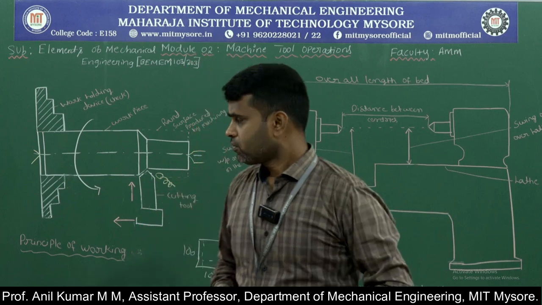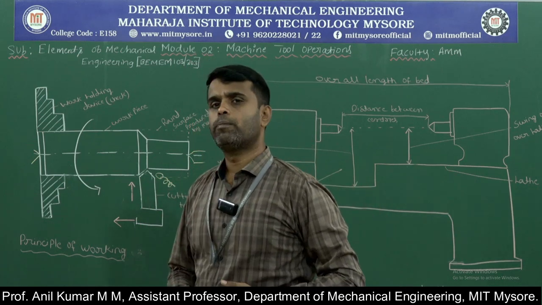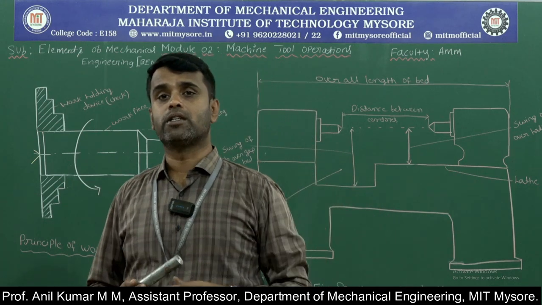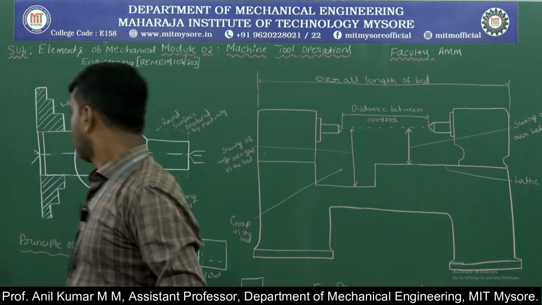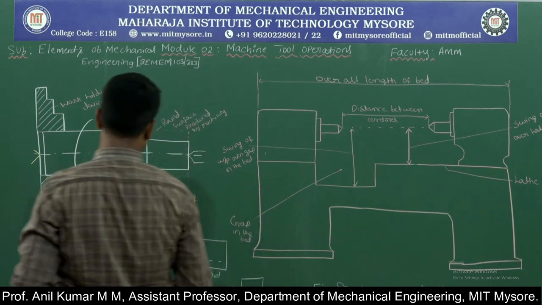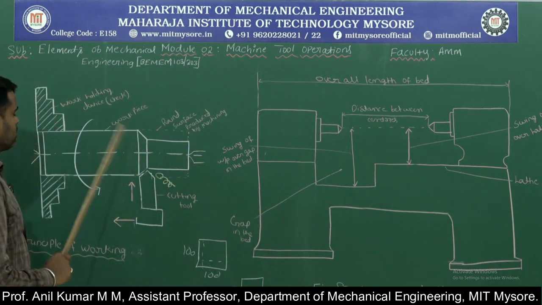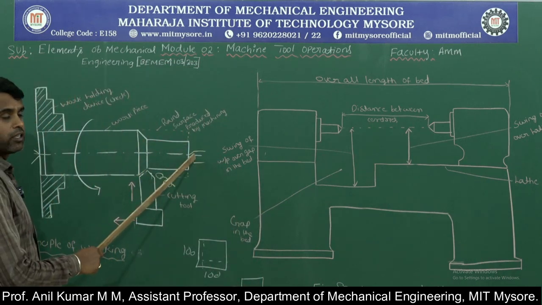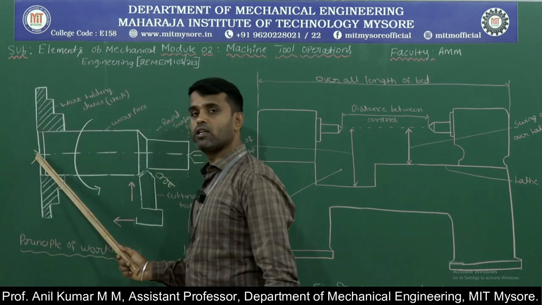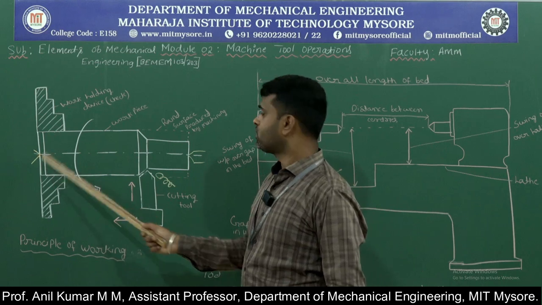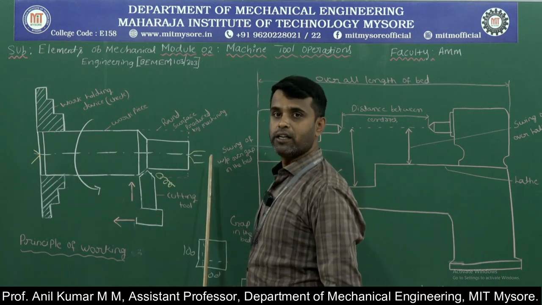Next we will discuss the principle of working of the lathe, how the lathe machine works. Here is the workpiece. The workpiece is rigidly held between the two centers. The headstock center we call the live center, and the other center we call the dead center.